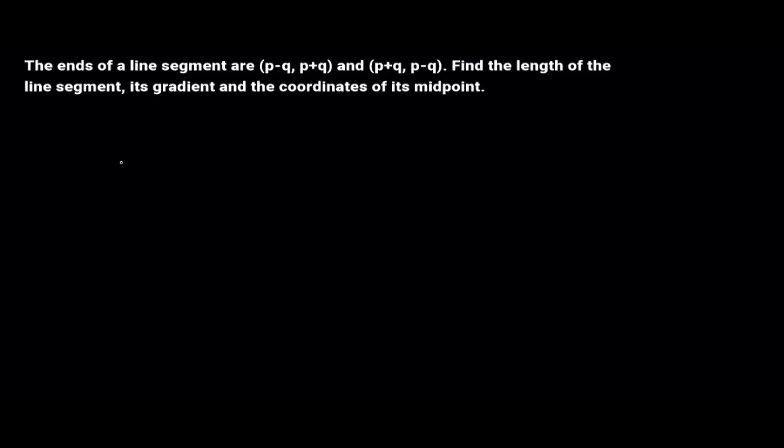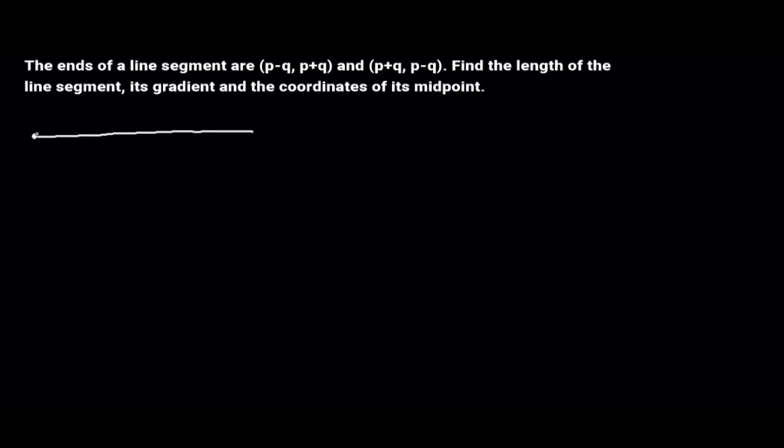In this video, we are solving for the length of the line segment, its gradient, and the coordinates of its midpoint. To begin with, let me represent my line segment with this line.